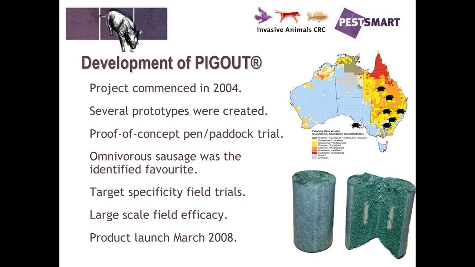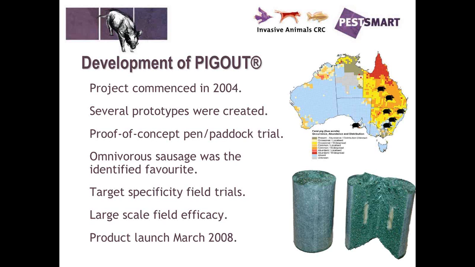Initially there was a free feeding stage where all bait stations were monitored using cameras, and a whole range of other techniques were used as well for monitoring, including satellite tracking collars. After about a week of free feeding, we got an idea of feral pig numbers, and then the poisoning was undertaken, and then we could determine the percent reduction.